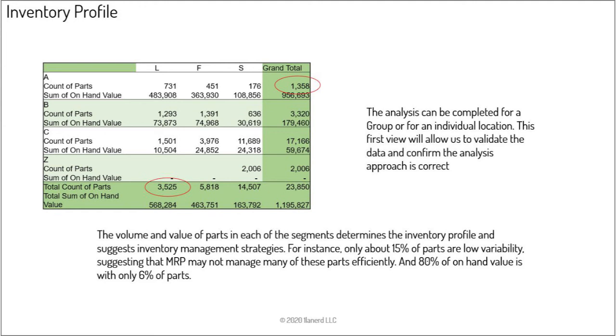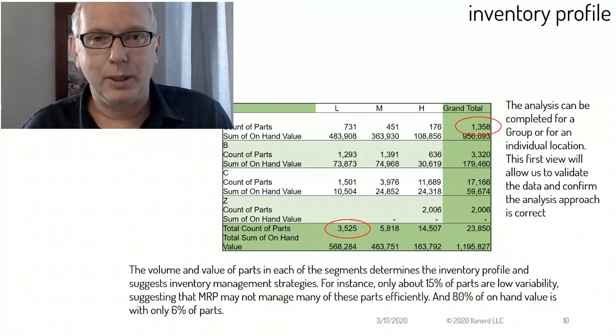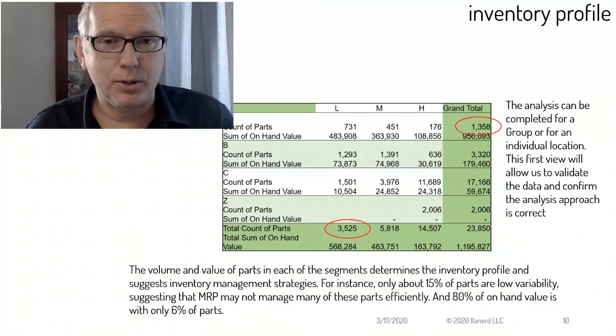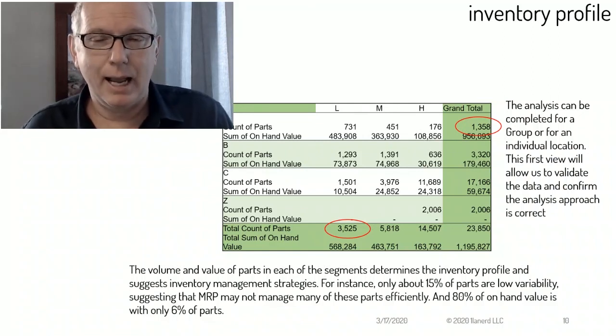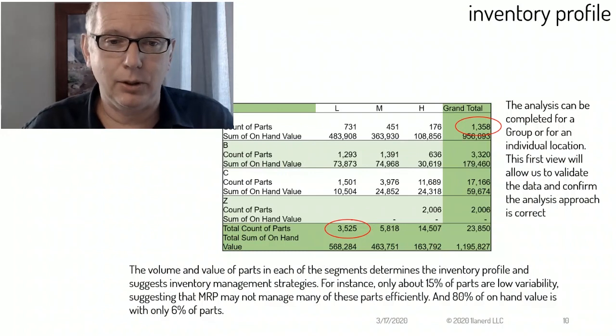And so we can focus on those 1,300 parts and get the value, the efficiencies associated with 80% of our inventory. It also shows us that we have 2,000 parts that are obsolete out of that 23,850. And so we have over 7% of our inventory on hand is obsolete parts that we should get rid of in order to make room for things that we actually use.